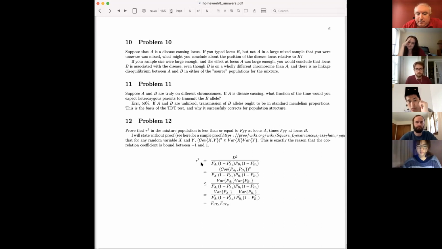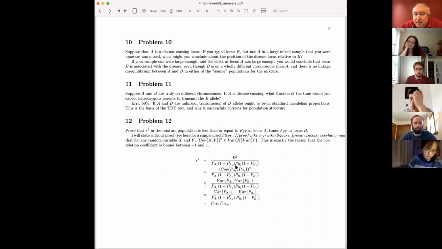I start out defining r squared as D squared over all the allele frequencies. Because we showed it above, this looks very much like the covariance between the allele frequencies caused by substructure.